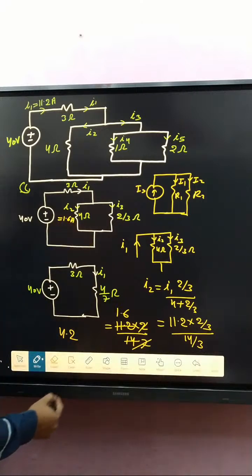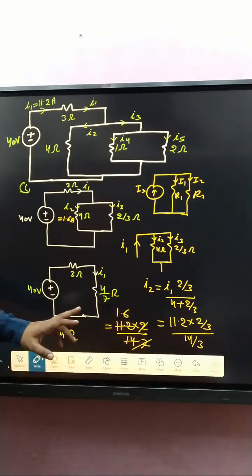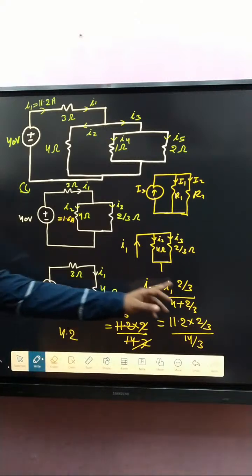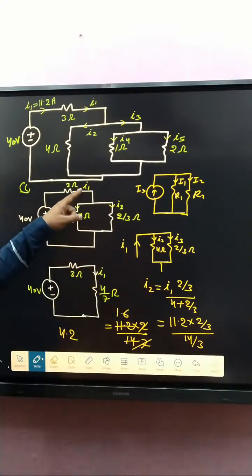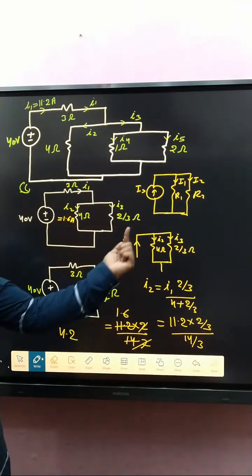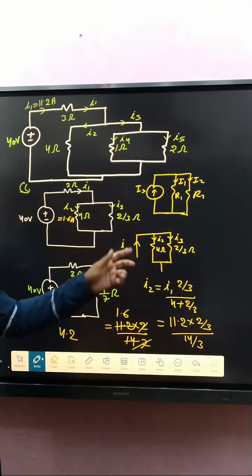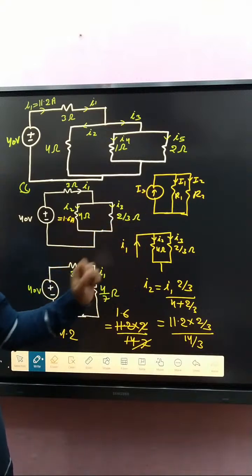So what about I3? First of all, if anyone faced doubt corresponding to that step, then tell me, sir. Otherwise, I will erase that one. Simply apply: I1 direction here, current source, here I2 and here I3. I1 is basically IS.